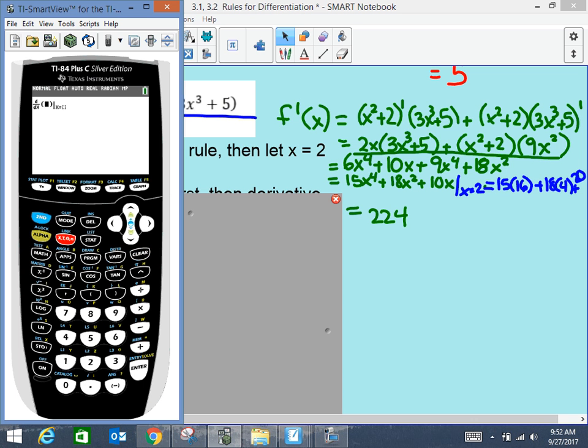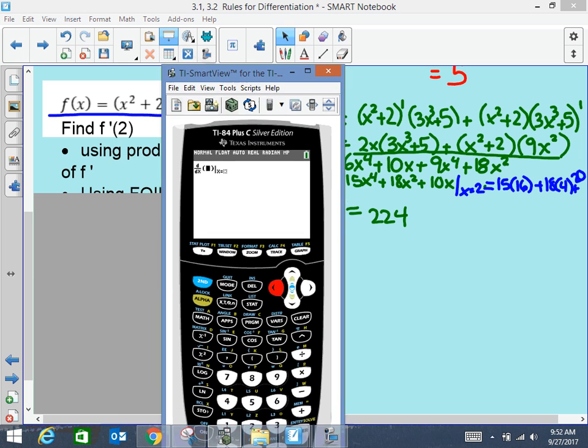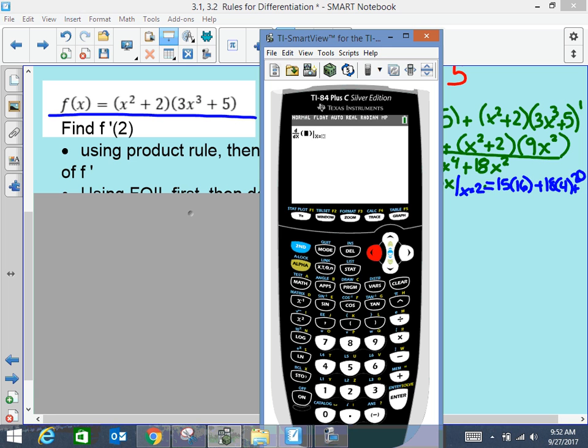Plug in the function, which is, you don't have to do anything special. X squared plus 2, 3x to the 3rd plus 5. And then you plug in 2. 332. So we shouldn't have trusted Lauren.